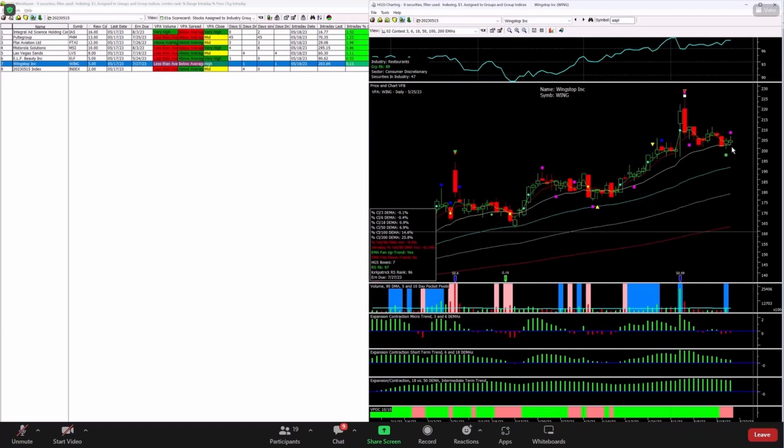It pulled down to the 18. It's finding support there. The 3 is below the 6. I certainly wouldn't take it. At this point, I would be looking for the 3 to cross the 6 on some volume.